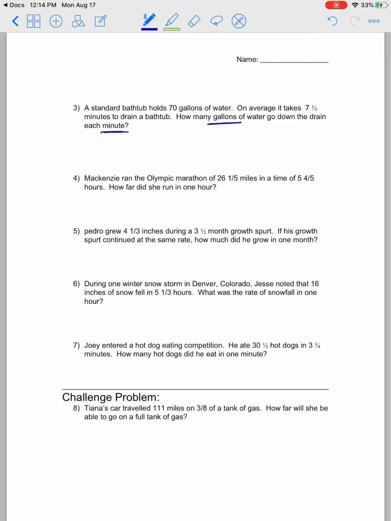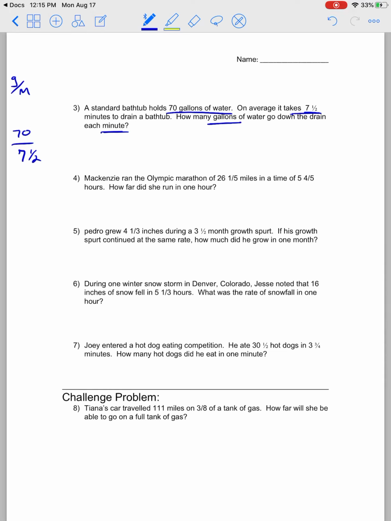So it's going to be gallons per minute. And if it helps you, write it over to the side. Gallons per minute. Okay, that's what I'm looking at. G to the M. What's the story tell you? It tells you 70 gallons of water on average 7.5 minutes. So 70 to 7.5.